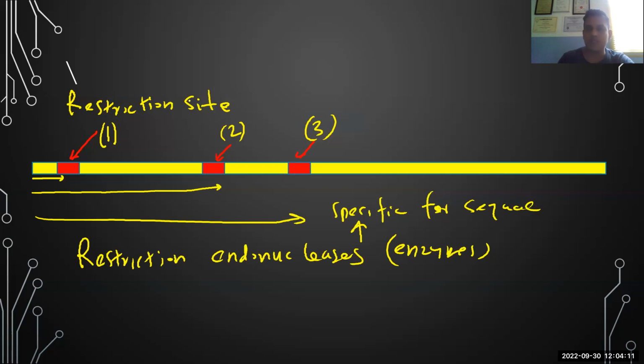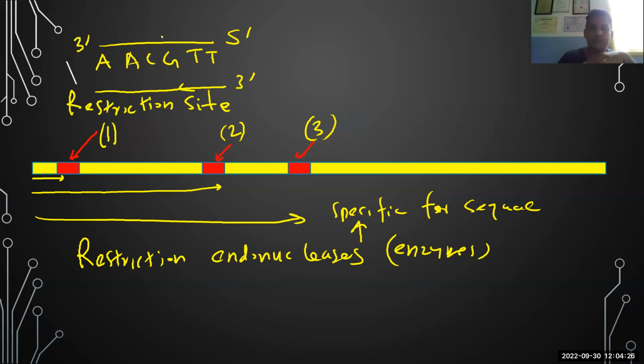So what is the specific sequence? For example, if I write from 3 prime to 5 prime, AACGTT. And in the 5 prime to 3 prime direction, I can write AACGTT.